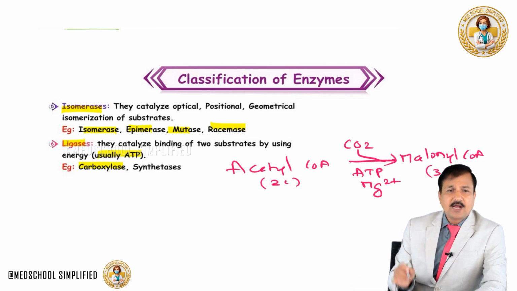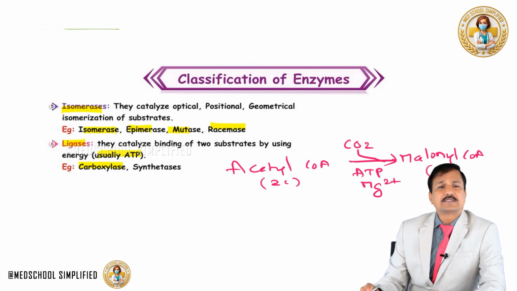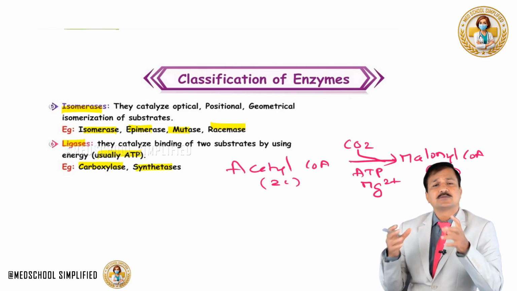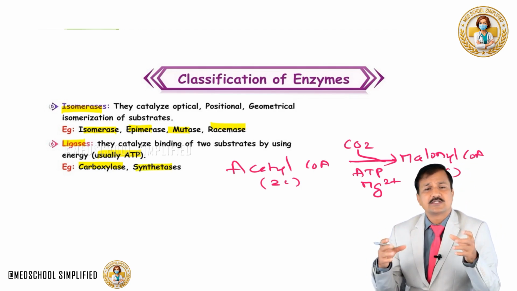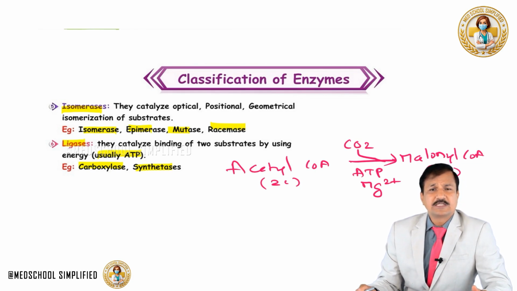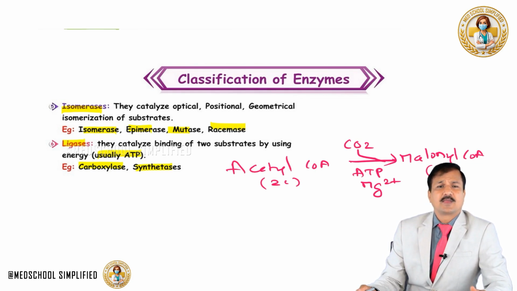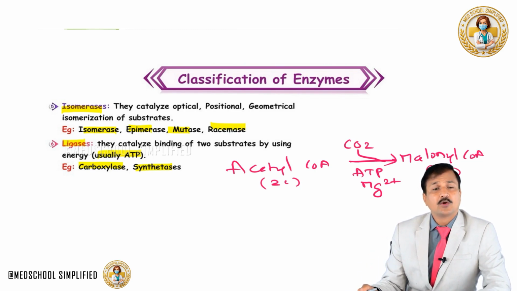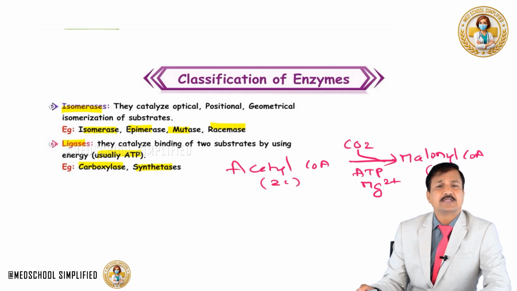Synthetases are also ligases, because synthetases add an organic molecule to increase the size of the molecule, like glutamine synthetase, where an ammonium ion is added to glutamate to make glutamine by using ATP. That's the example for synthetases, which are ligases.